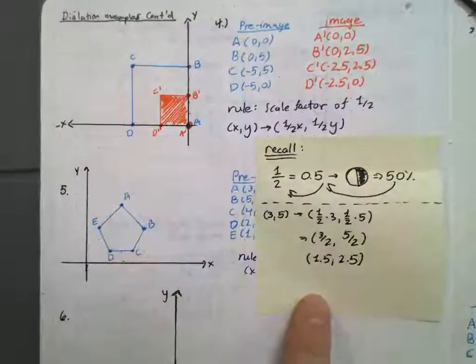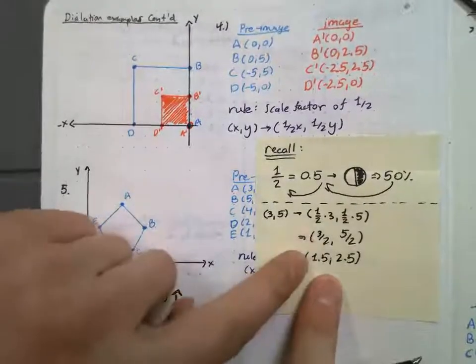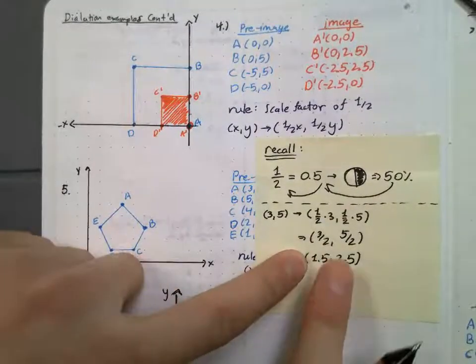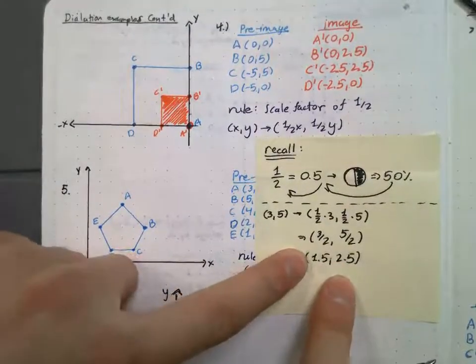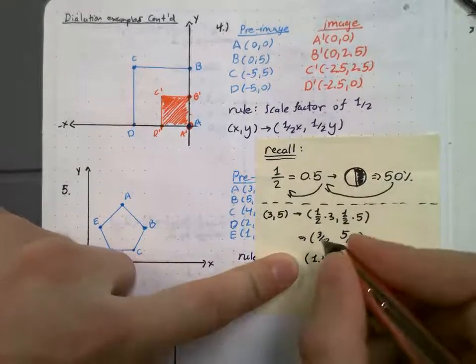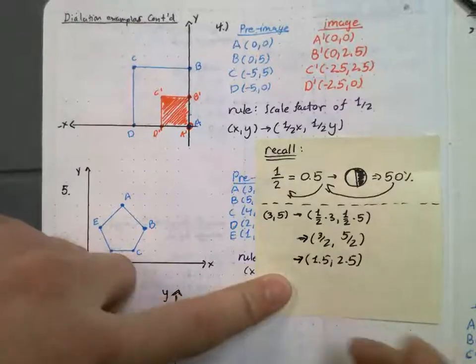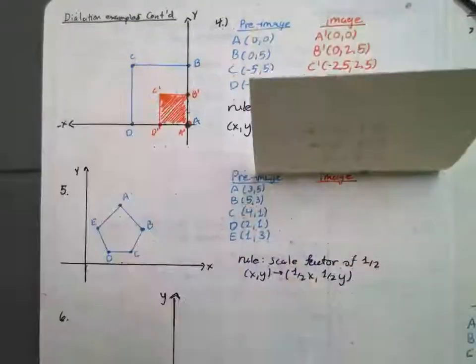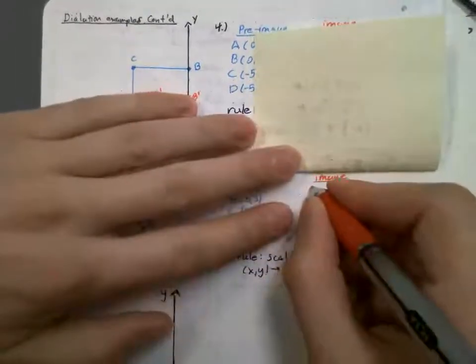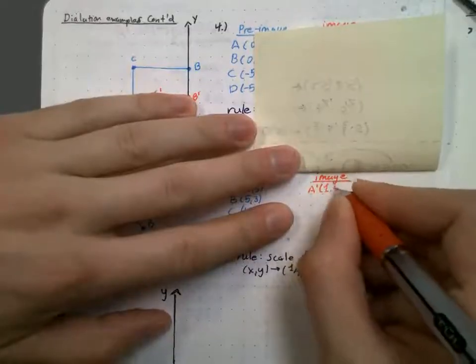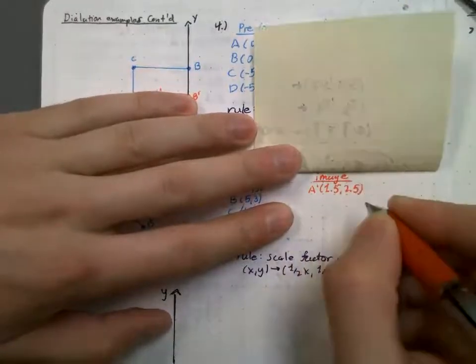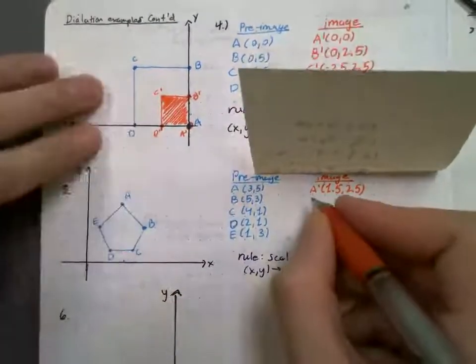And the reason for that has to do with the fact that half of 3 is 1.5, and half of 5 is 2.5, right? So you mentally have to kind of picture that, but you can see how we're getting to this point, and therefore that is our first point for our image, which is A prime is going to be 1.5 and 2.5. Now you apply that logic to all the other ones.